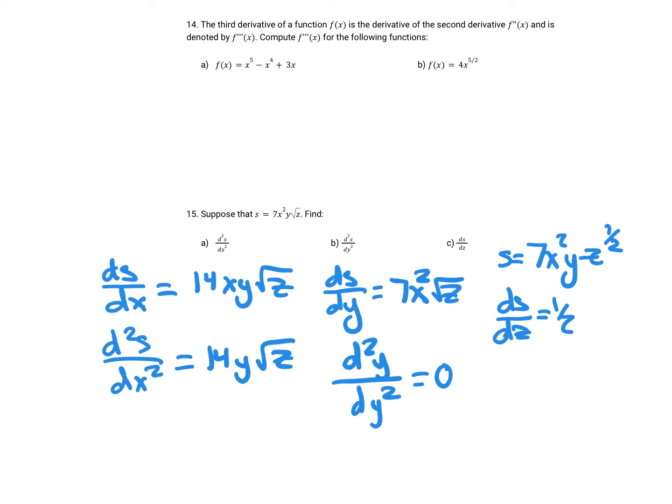So it's 1/2 times 7x squared y z to the negative 1/2. Or in other words, if we clean it up a little bit, it's 7x squared y over 2 root z. So that's just getting used to it: even though there are 3 variables, depending on what you're finding the derivative with respect to, the others are thought of as constants. So again, that's a little bit weird.